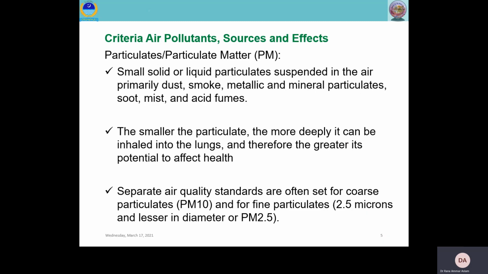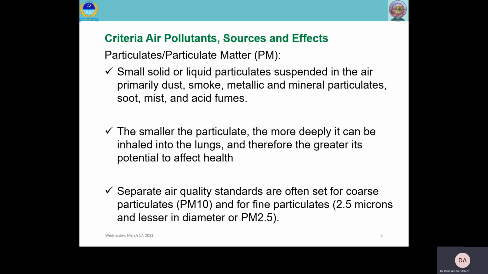So the first of these criteria pollutants is particulate matter. Particulate matter is not a single entity. I had told you that the criteria pollutants can be primary or secondary. Since particulate matter is not itself a single entity, it's a result of a combination of various substances.